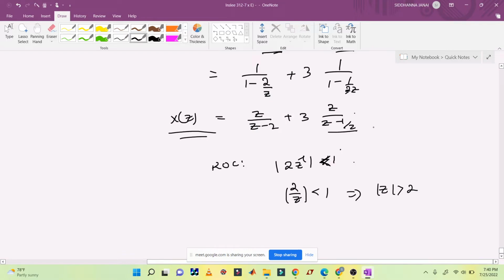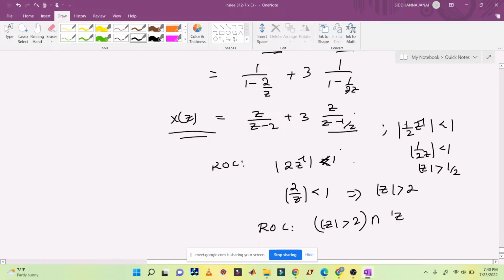Similarly, for this one, the ROC: 1 by 2 z inverse was there, right? It is less than 1, or 1 by 2z is less than 1, or magnitude of z is greater than 1 by 2. So the combined ROC is magnitude of z greater than 2 intersection magnitude of z greater than 1 by 2. So what is the meaning of this?